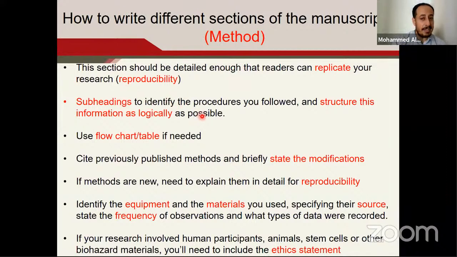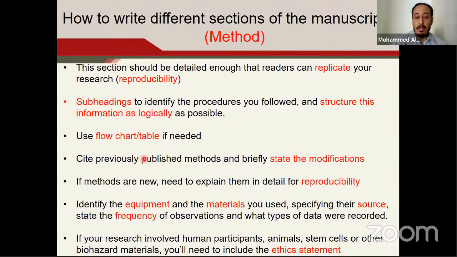You should use subheadings sometimes. And the sequence of your methodology, you are telling a story, so it should have a logical sequence. Sometimes for some research, if it's very complicated, you can add a flow chart or table to summarize the experimental design.